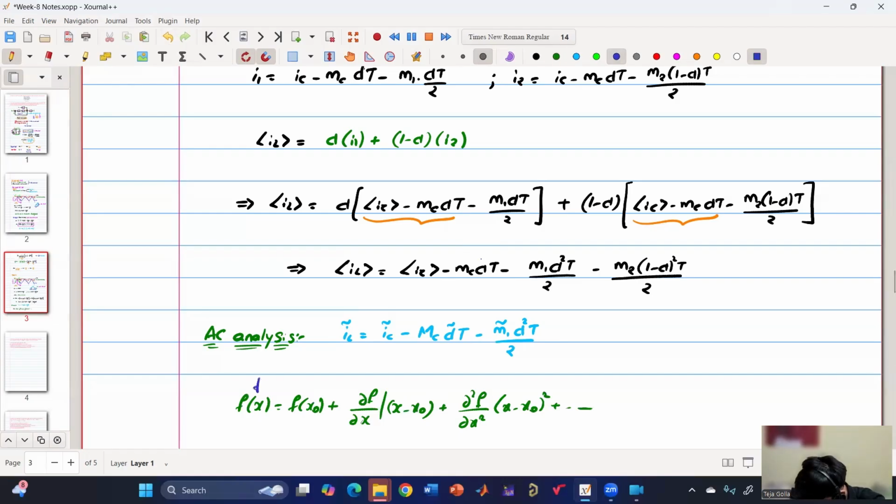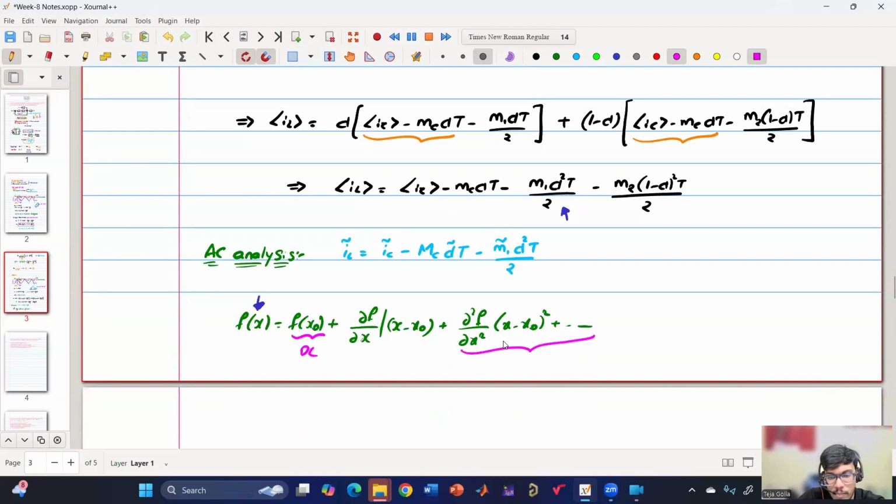So this f of x is this f of x, and f of x naught is the DC term, and then these are all higher order terms which are neglected.